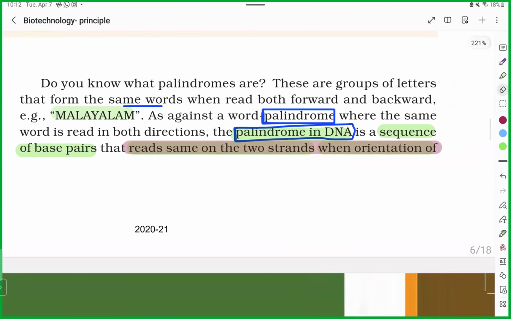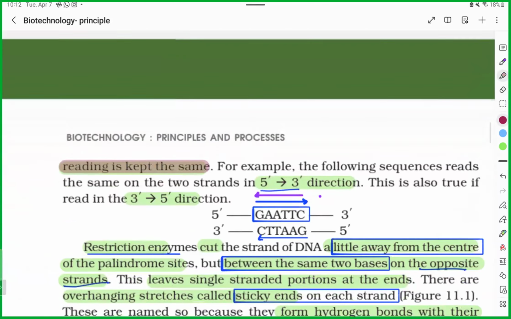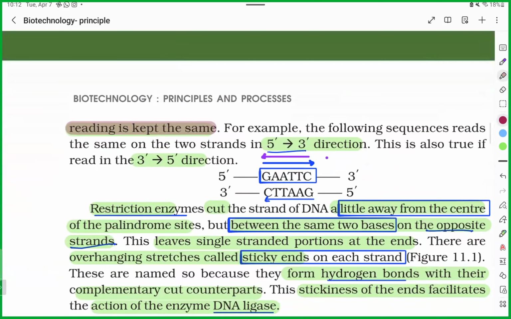In DNA, it is the sequence of base pair that read same on two strand when orientation of reading kept same. Example, from 5 prime to 3 prime and it is GAATTC. Even in the another strand 5 to 3, it will be same GAATTC.